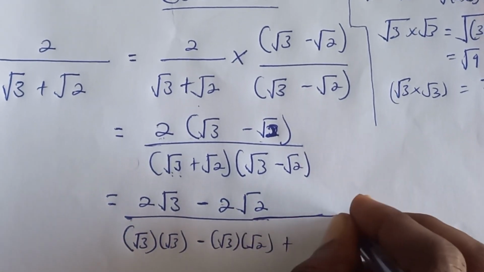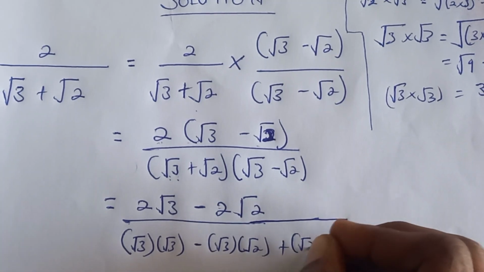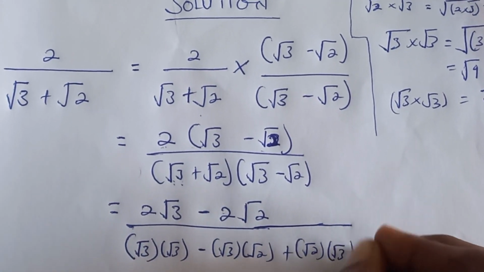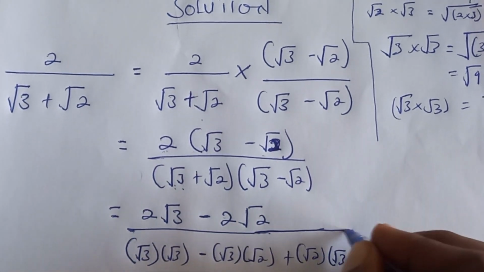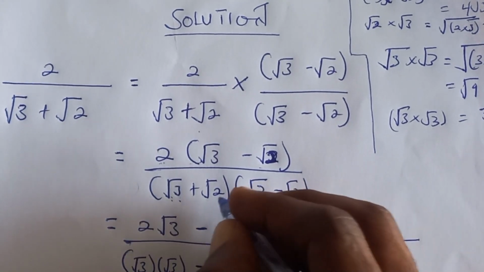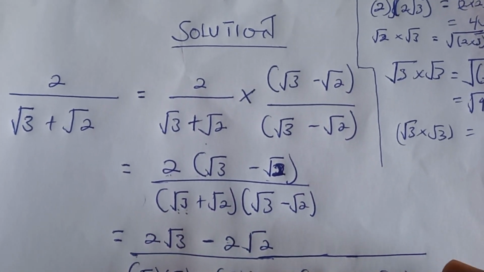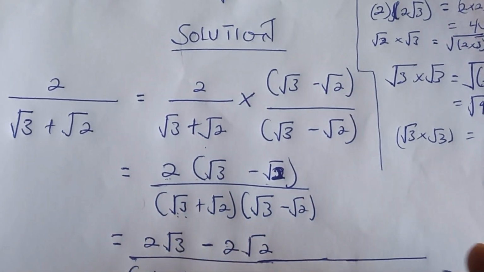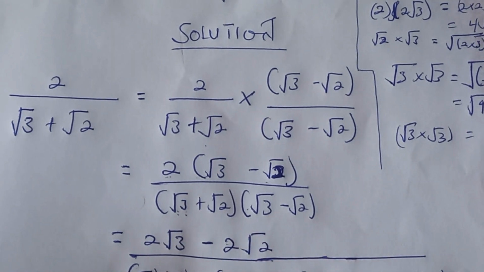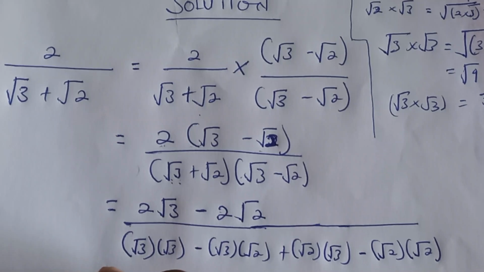Plus root 2 multiplied by root 3. Then the last pair, we have minus into brackets root 2 times root 2. You see? Good. So let's continue to simplify this.